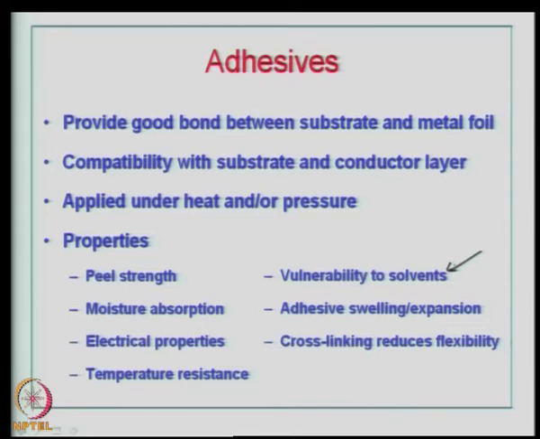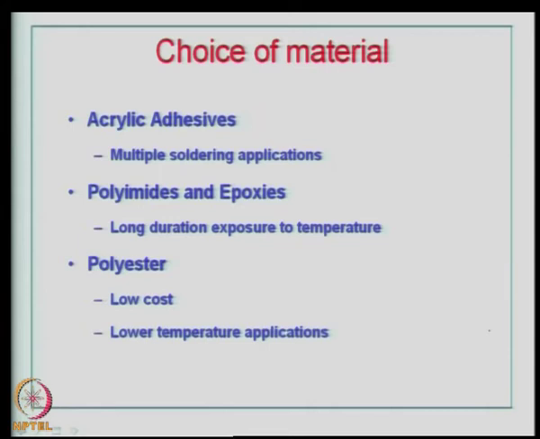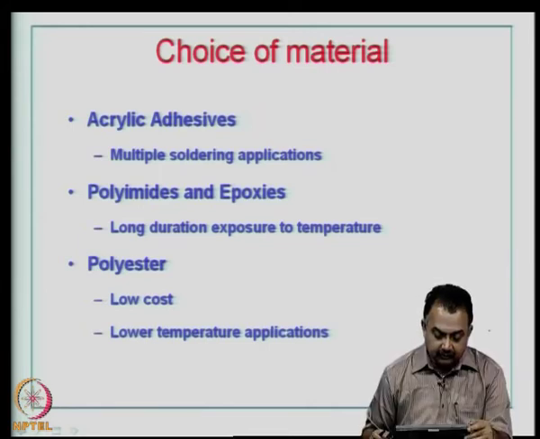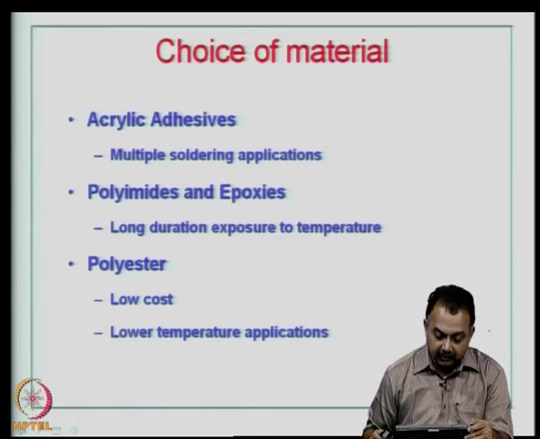Cross linking reduces the flexibility. Therefore, use polymers which have less cross linking, because we are talking about simple structures that are cost effective. Choice of material, acrylic adhesives ideal for multiple soldering applications, polyamides and epoxies.